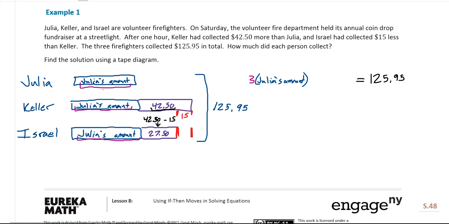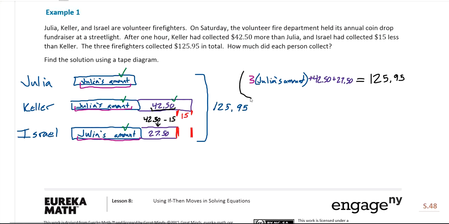And now what else do we have to include? Well, we have to include this $42.50. That gets added in there. This 15 just represented how much less Israel collected than Keller, so it's not actually an amount we include. The other amount we have to include is $27.50. So I'm going to put plus $27.50 right there.